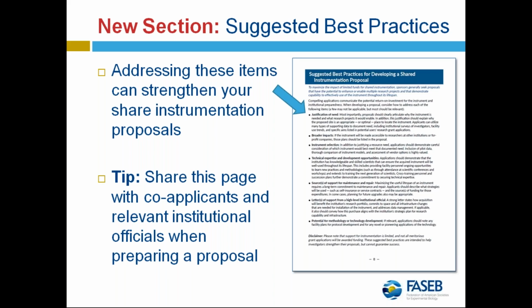In our experience, stronger proposals describe or include the following: a justification of need, broader impacts, instrument selection, technical expertise and human development opportunities, potential for methodology or technology development, sources of support for maintenance and repair, and letters of support from high-level institutional officials. We encourage you to share this page with co-applicants and relevant institutional officials as you prepare your proposal.